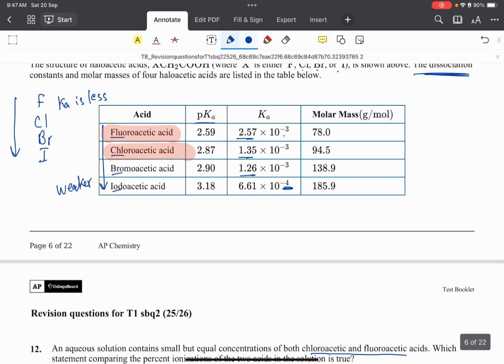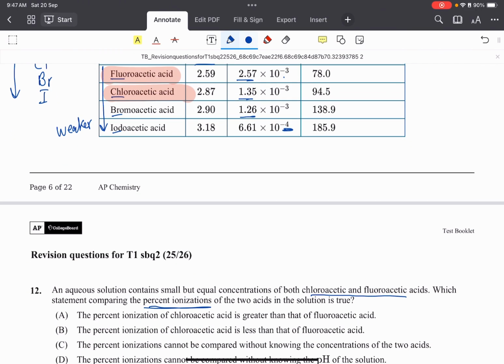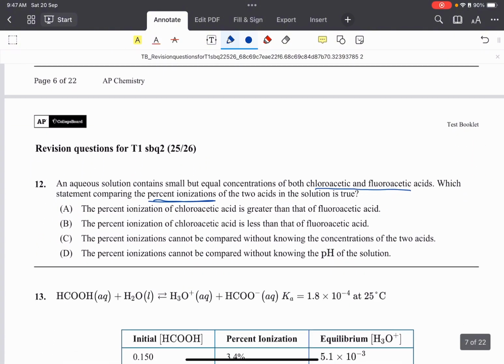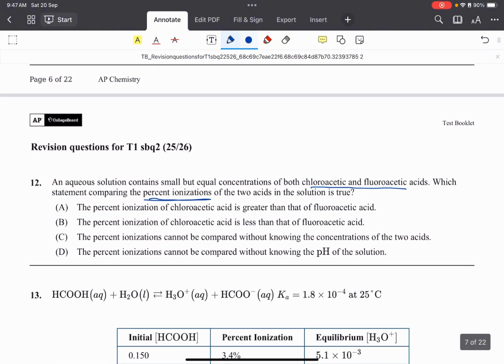As I said, by changing from F to Cl to Br, the acid is becoming weaker. So chloroacetic acid is weaker than fluoroacetic acid, and is going to be less ionized. So the percent ionization of chloro is less. That's it. Cannot be compared. So the answer is simply B.